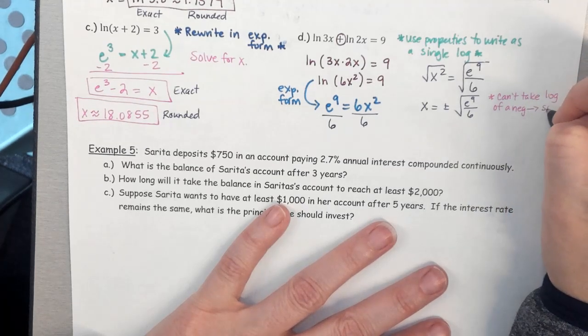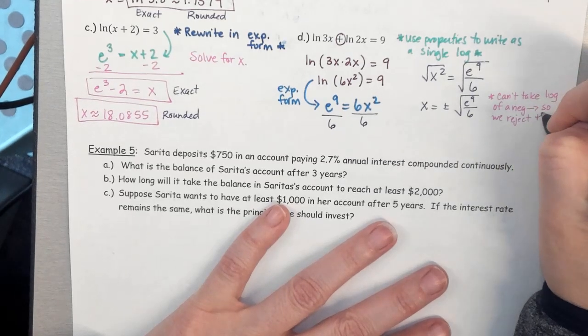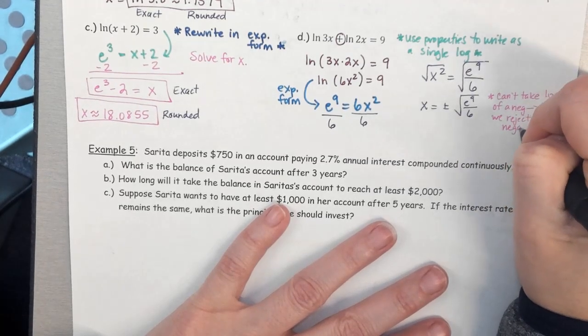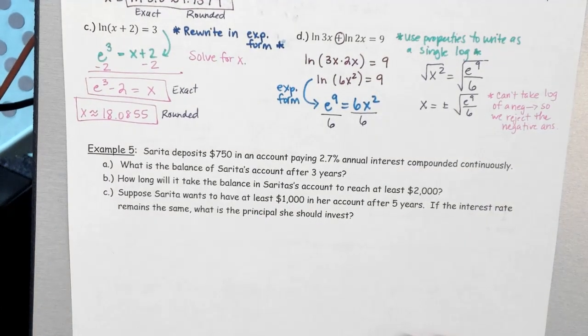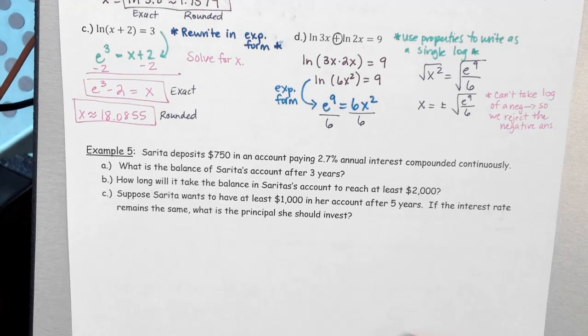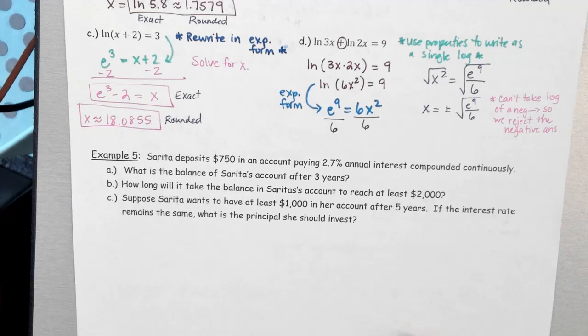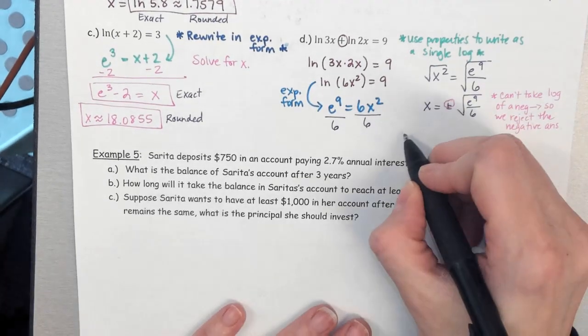So you reject the negative answer. If that's based solely on you can't take the log of a negative, we know that would be an extraneous solution, so we're rejecting that negative answer. We'd only have the positive.